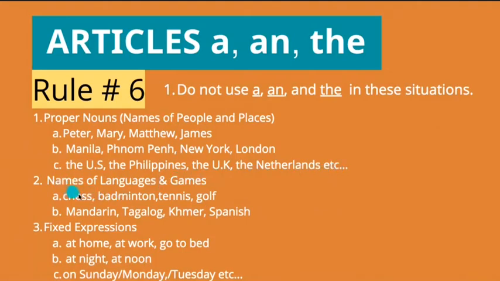So next, names of languages and games. You have chess, badminton, tennis, golf. Be aware that if these are names of languages, you don't use an article, and games as well. For example, Mandarin, Tagalog, Khmer, or Spanish. So you don't use an article in these situations. Next, fixed expressions like at home, at work, go to bed.